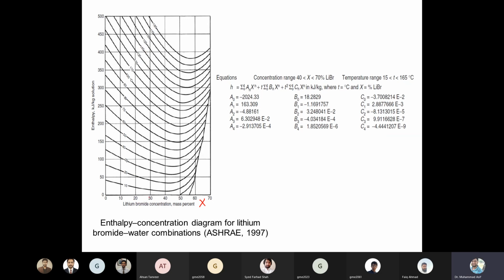Let's say the X value is 30 and the operating temperature is, let's say, 50. Then you can have the property 125 kilojoule per kg of the solution. So this is how, if you know the pressure and temperature, you can read the mass fraction as well as the enthalpy of the solution.